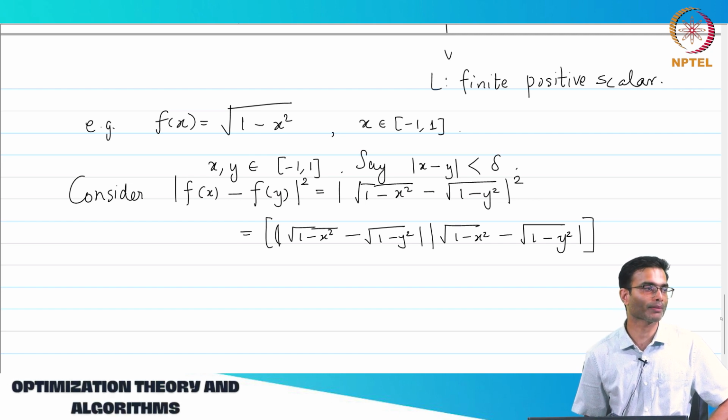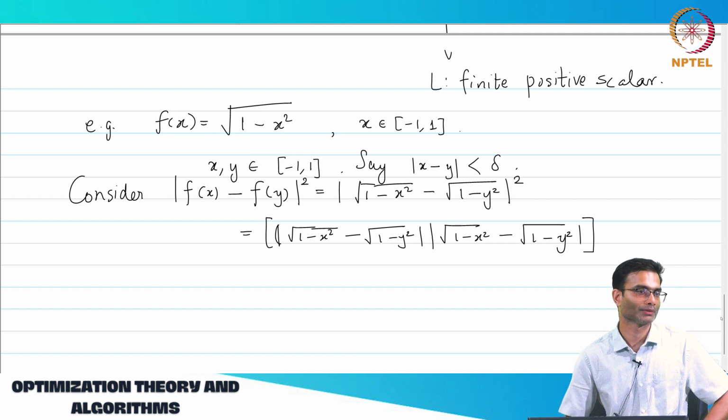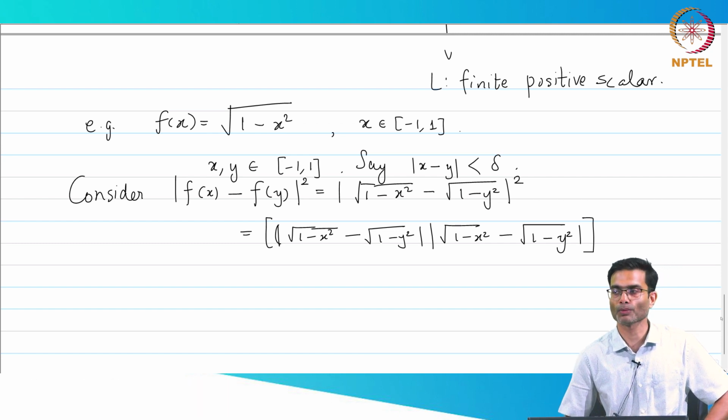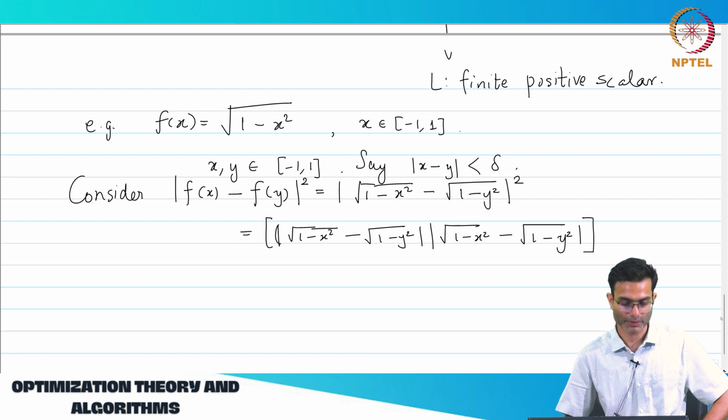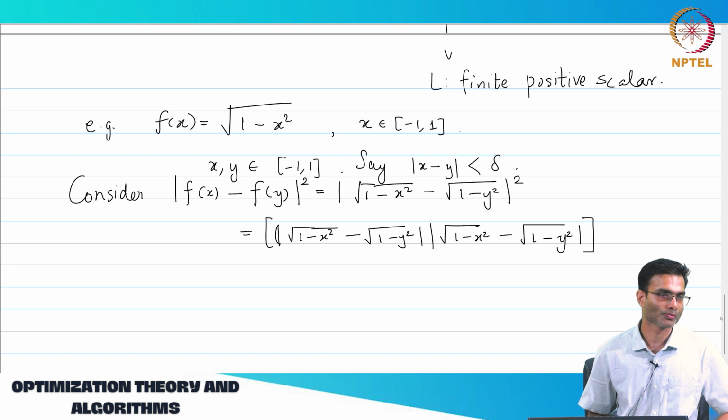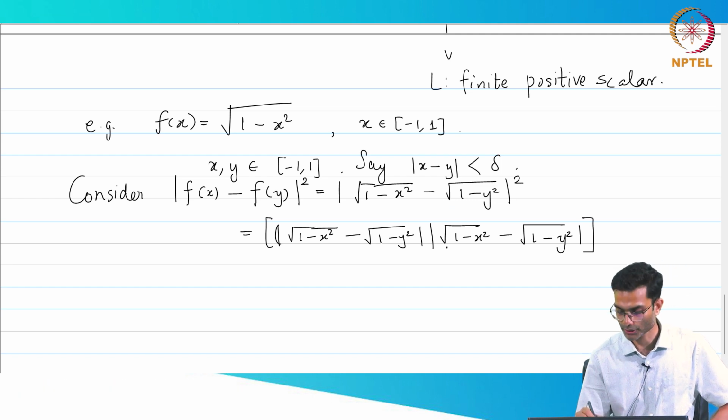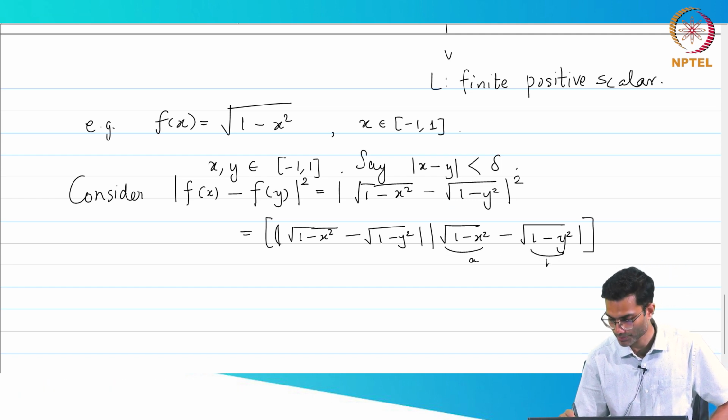This is mod a minus b multiplied by mod a minus b, that's a hint. If I were to make one of these into mod a plus b, would that help me? It would help me, right? So, can I do that? So, supposing I call this a and I call this b.